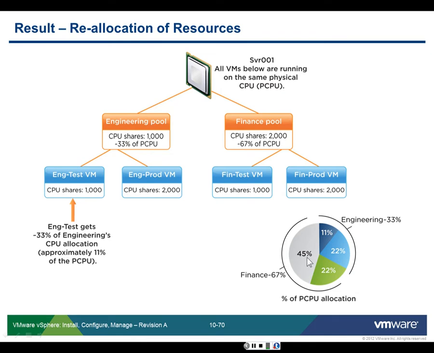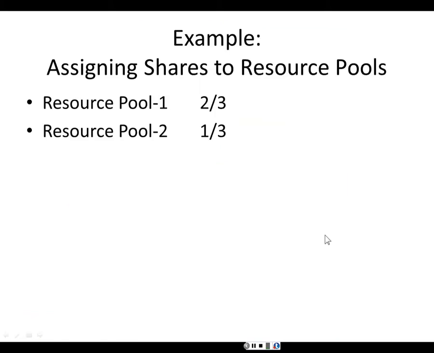Conversely, at the other end of the spectrum, the engineering test virtual machine, which just gets 1/3 of the engineering pool, which has 1/3 of the ESXi host resources, that virtual machine only gets 11% of the entire resources on the ESXi host. So let's do it.